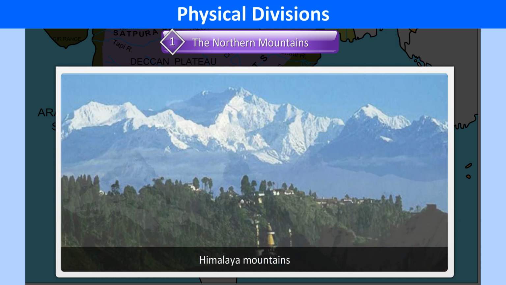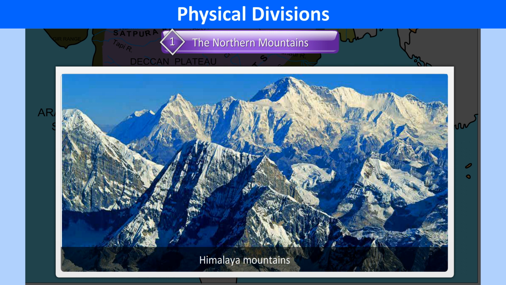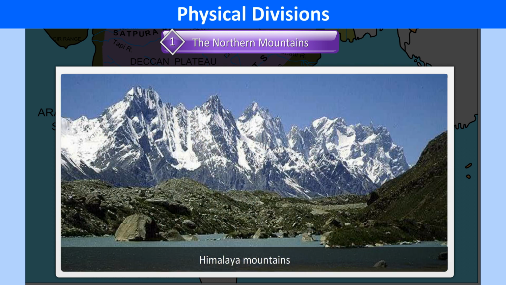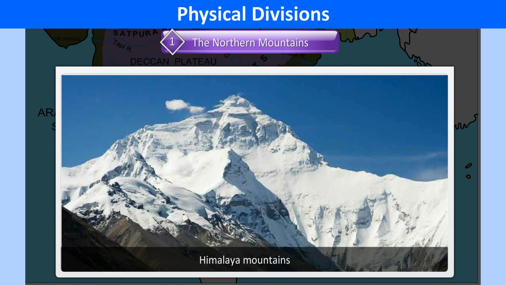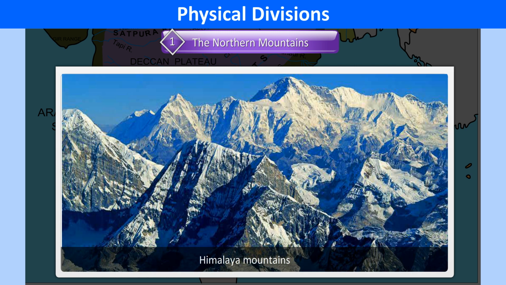This range is permanently covered with snow and has glaciers like the Siachen, Gangotri and Yamunotri. People travel through passes such as Nathula and Jalepla, through Darjeeling on the Indo-Tibet border, and Shipkila through Himachal Pradesh on the India-China border.